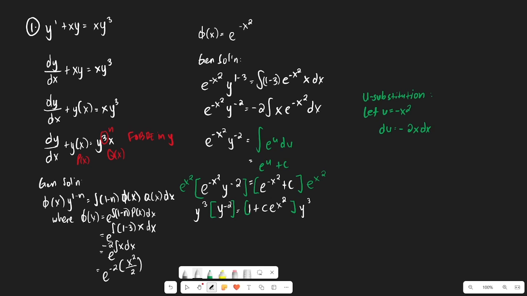So you're going to have y is equal to y cube c e raised to x squared. You can have this as well, so this is also an answer. So that's our general solution for this given problem.